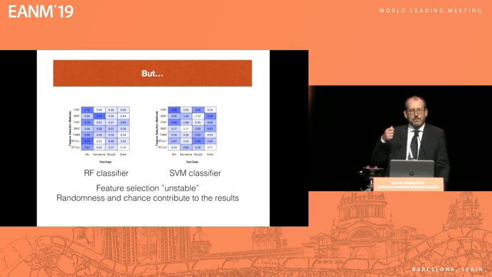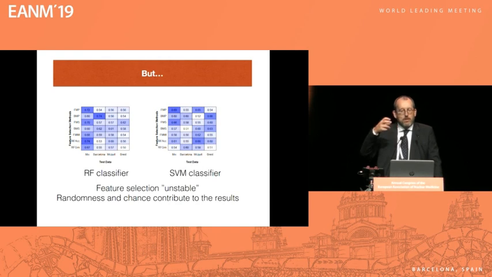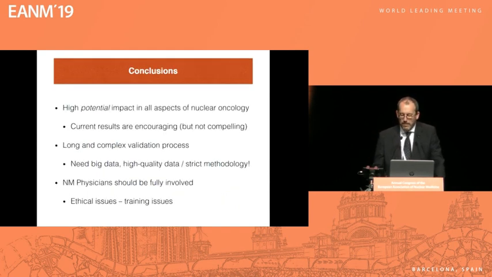That means that even though overall we were able to end up with a model that was statistically predictive, when you analyze the data deeply, there are indications that our feature selection is unstable and there is a large contribution of randomness in the results.